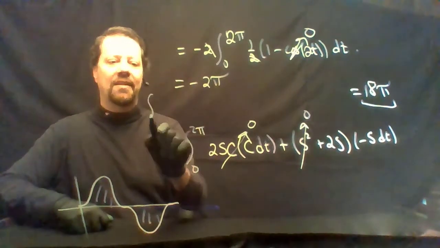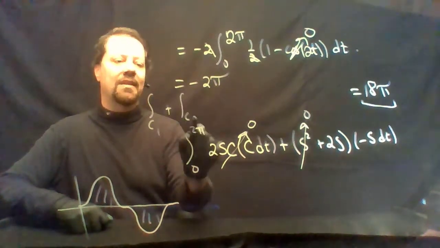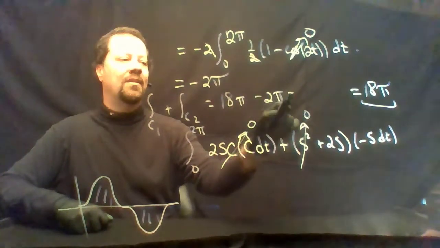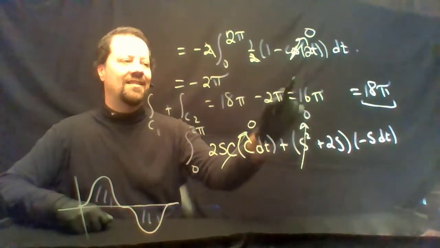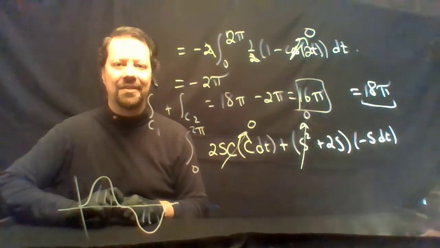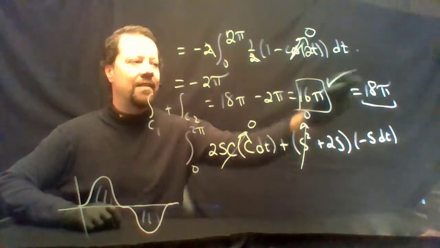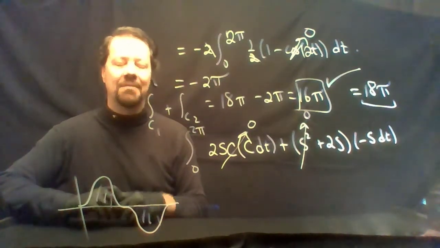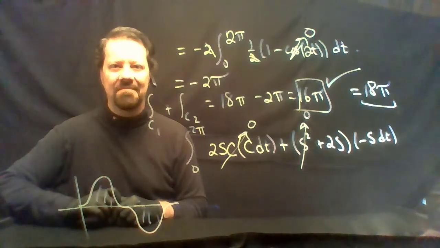We deduce then, integrating on C1 plus the integral on C2, that you get 18 pi minus 2 pi, or 16 pi, just as on the other side of Green's theorem. This is a verification that the path integral and the area integral in Green's theorem give you the same answer.